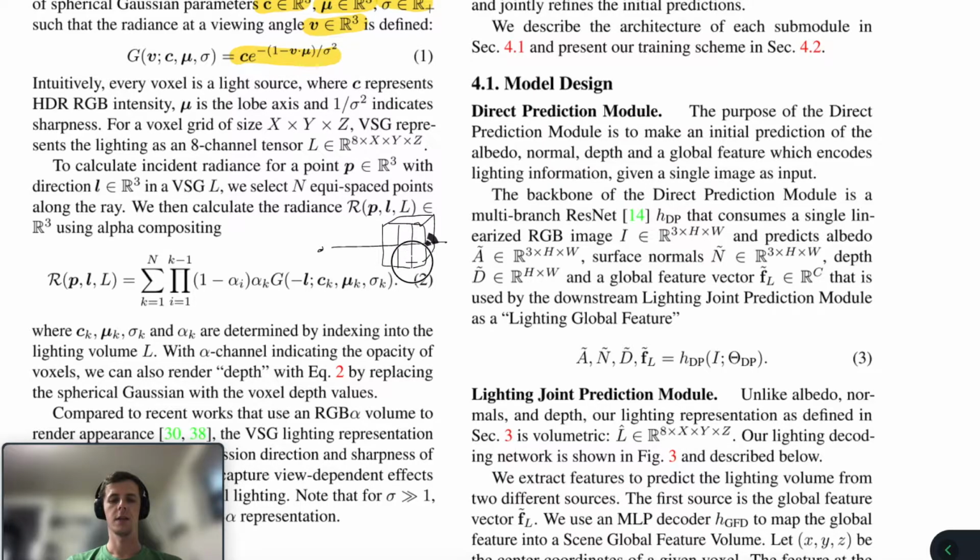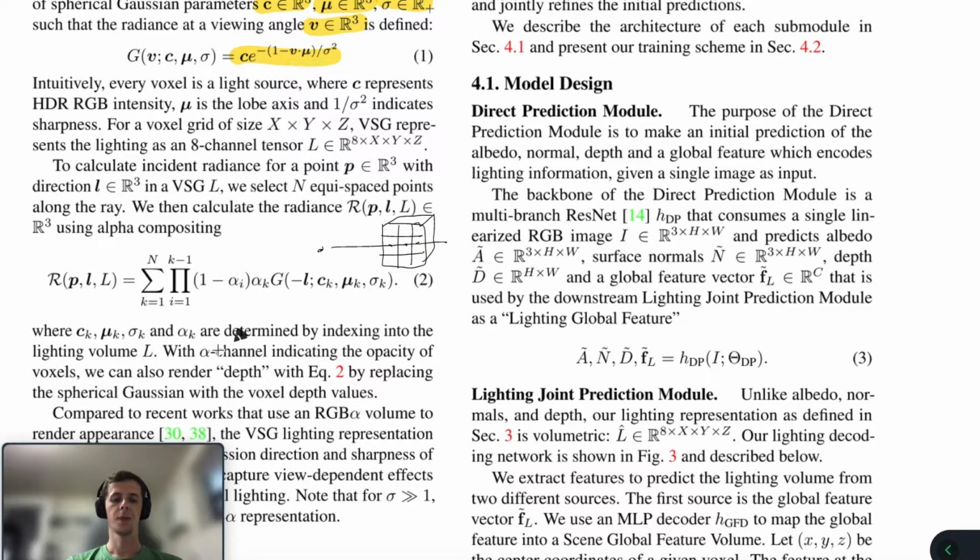And what you can do is use this formula here, which will take all those voxels into account and apply the alpha and all the values for the equation that I showed above, and put them together, and basically you have the final color of the pixel using this formula here.